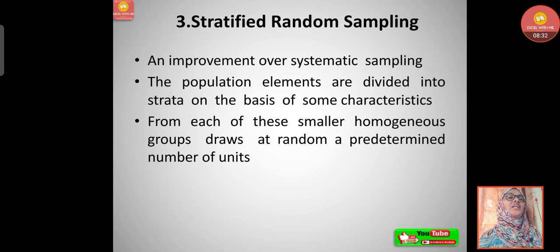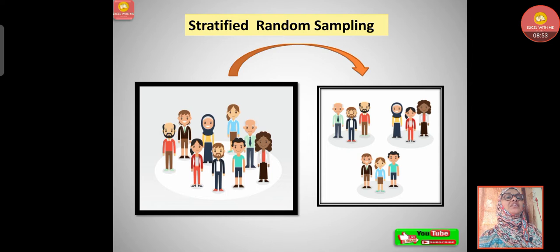The population elements are divided into strata on the basis of some characteristics, and from each of these smaller homogeneous groups you draw at random a predetermined number of units, that is, how many numbers you want predetermined. From that unit you can take as your population. That means the whole population is there: all men, all women, all children.